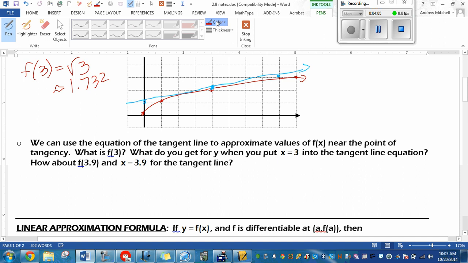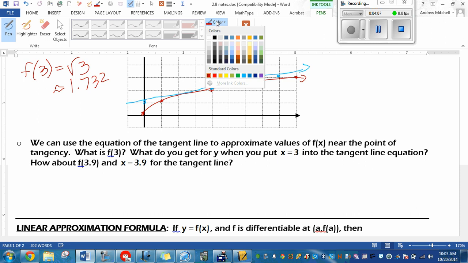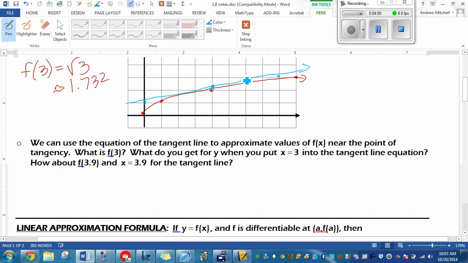Then it asks us, what happens if we put 3 into the equation of that tangent line? Well, we'd have y minus 2 equals 1/4 times 3 minus 4. So just putting in the equation we came up with. 3 minus 4 is negative 1 times 1/4, so we have y minus 2 equals negative 1/4.